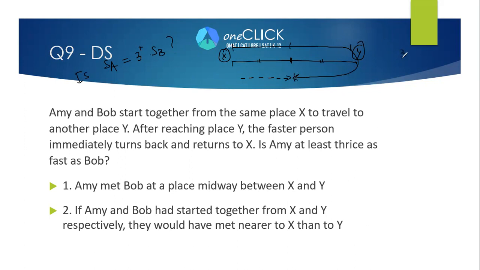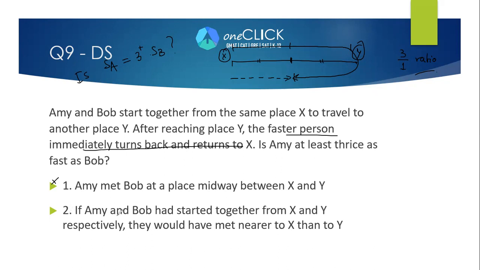Three parts, while the other has just traveled one part. So that means the speed ratio is 3 is to 1. Unfortunately, we don't know who is the faster because it just says the faster person immediately turns back. It does not say anywhere that A is the faster. Okay. So since we don't know that, 1 is unfortunately not sufficient. That was a trap.